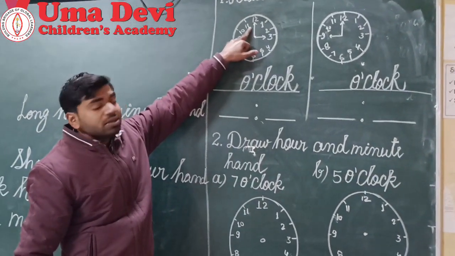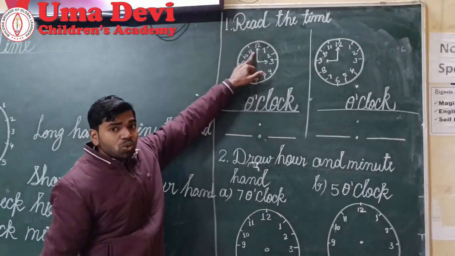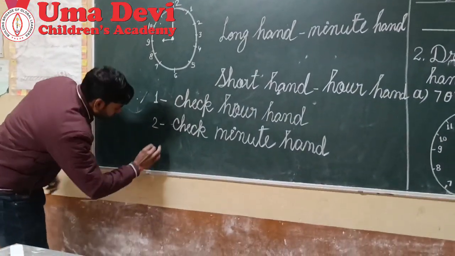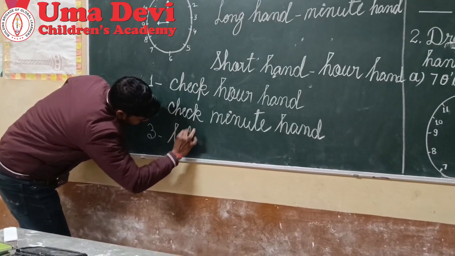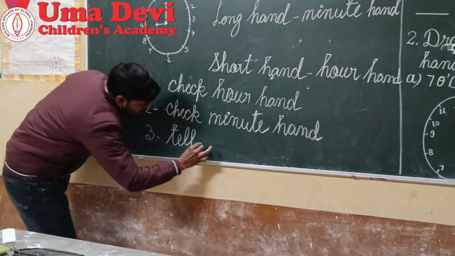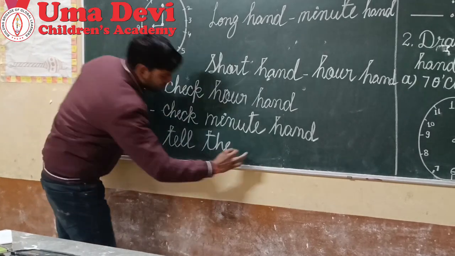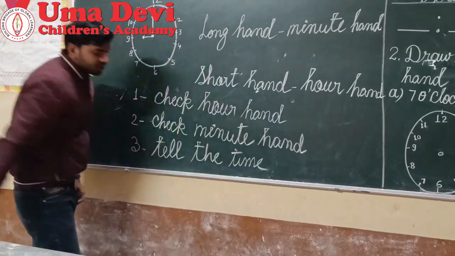This is the minute hand. Okay, the minute hand is pointing to 12, right? The third step is tell the time.